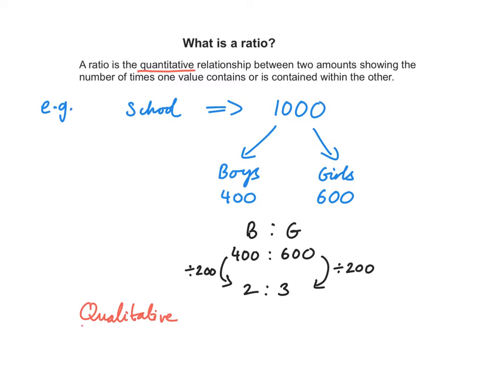If we were to describe a qualitative relationship between boys and girls, we could just say that the girls are more than boys. In other words, we are describing the relationship in terms of words. Whereas in a quantitative relationship, we are describing the relationship between boys and girls in terms of numbers.